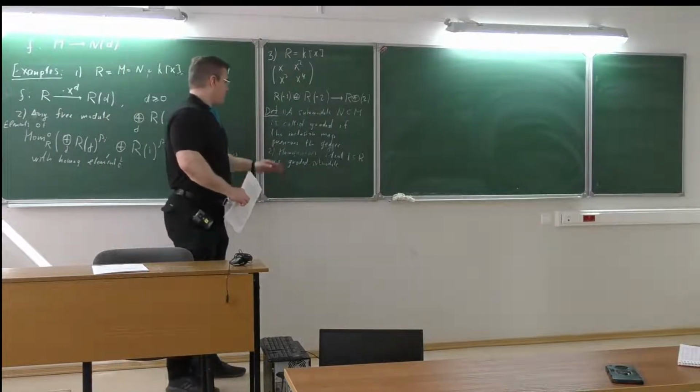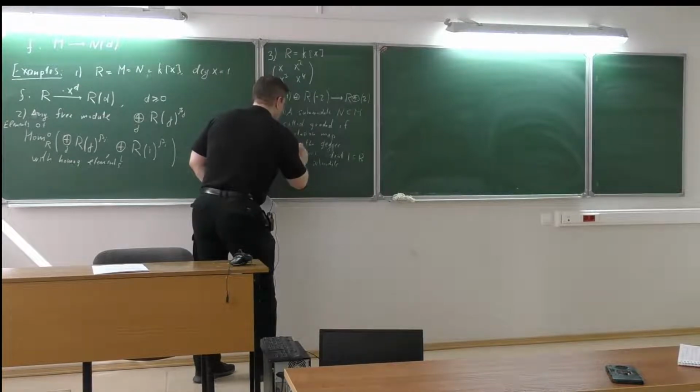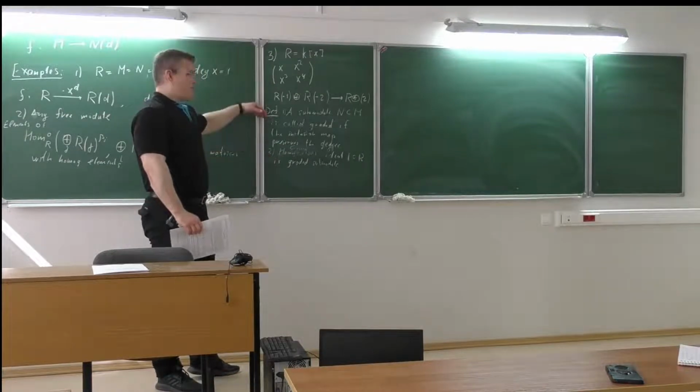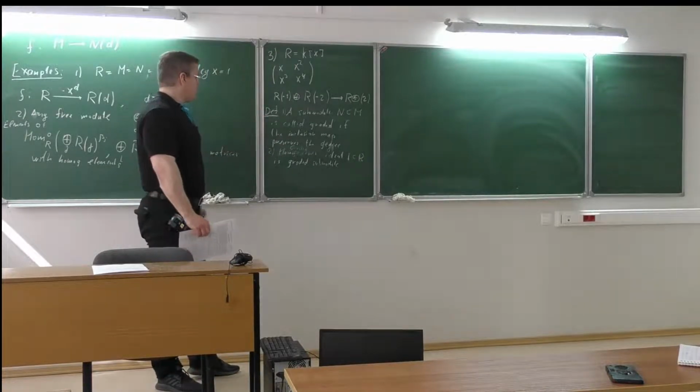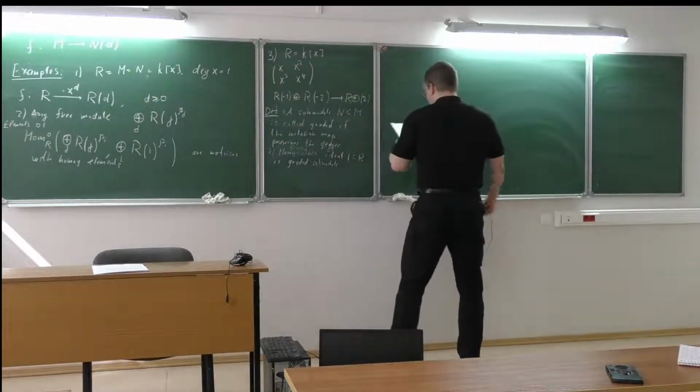You can say this is a homogeneous ideal, or you can say this is a graded ideal; that's also possible terminology. This is just a submodule in the sense of the previous part of the definition. So here I have a characterization of the submodules.